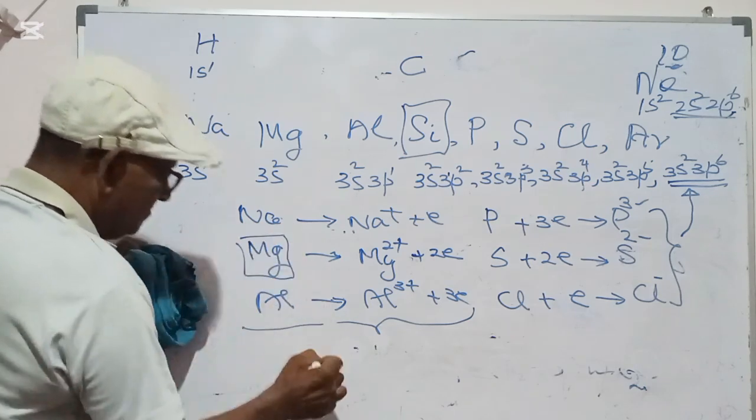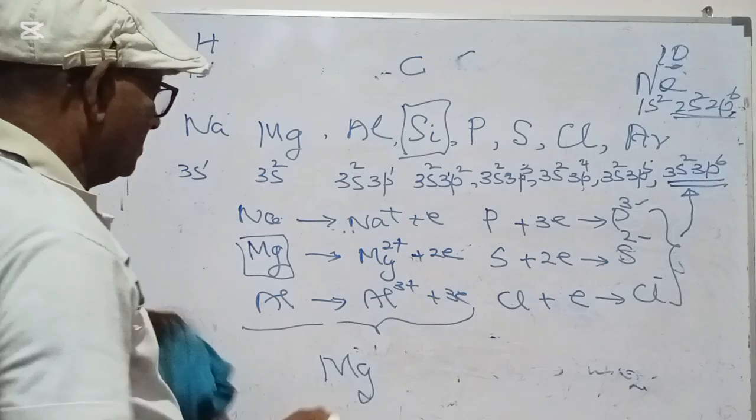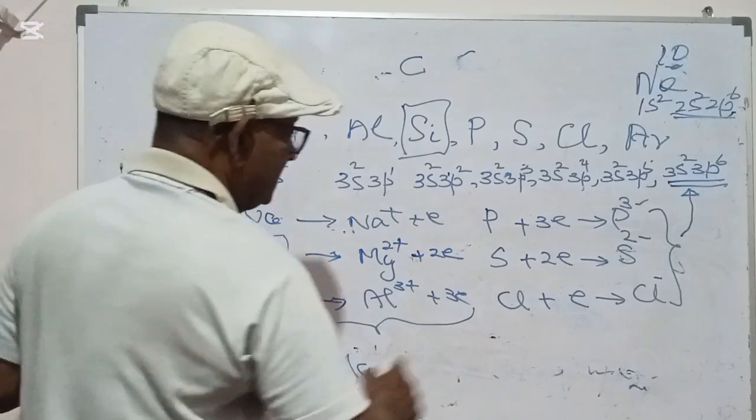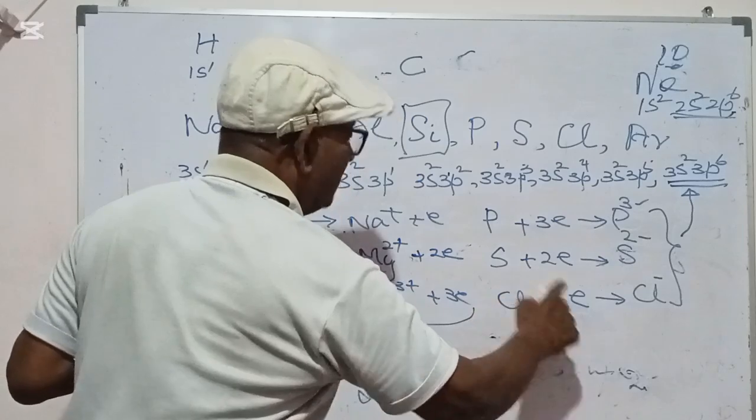Magnesium removes 2 electrons. These 2 electrons can be taken by 2 Cl atoms because each needs 1 electron.